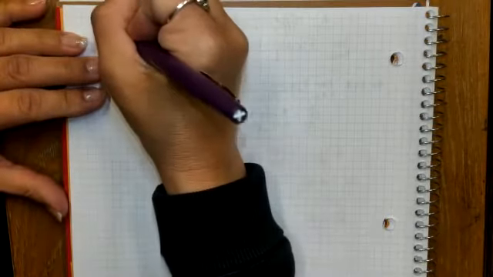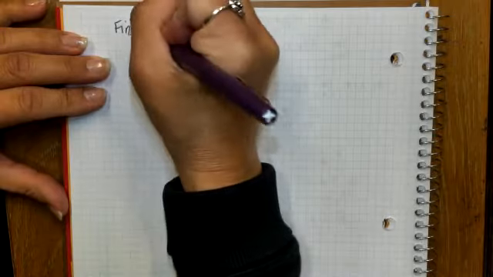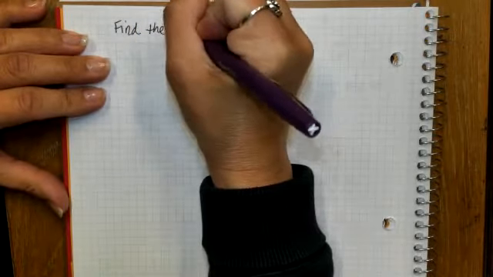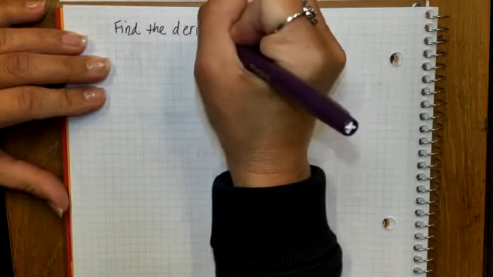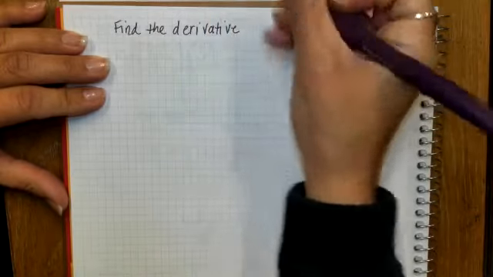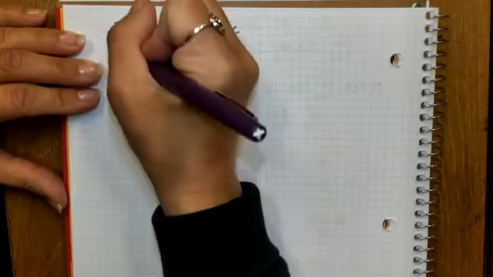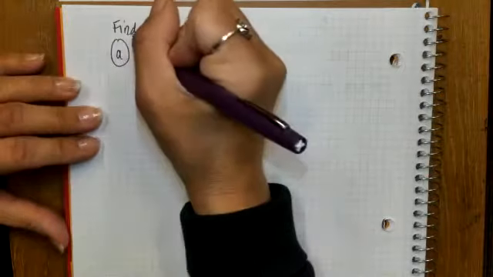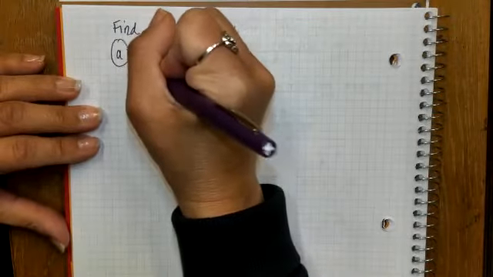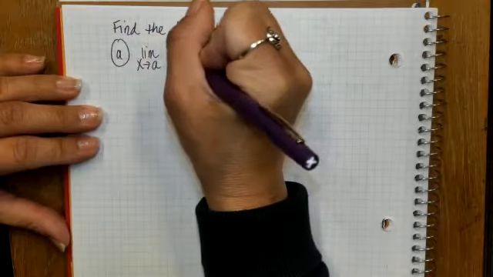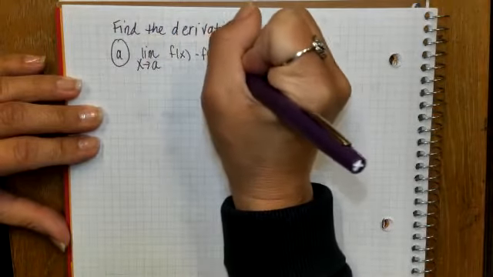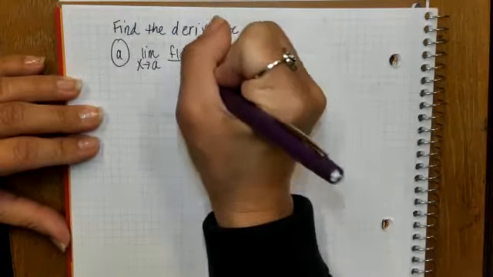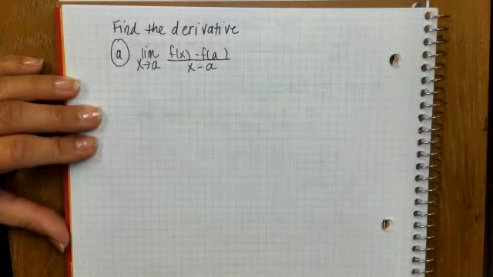So let's look at an example of a function, and I'm going to find the derivative using f of x minus f of a all over x minus a. The limit as x approaches a of f of x minus f of a all over x minus a.